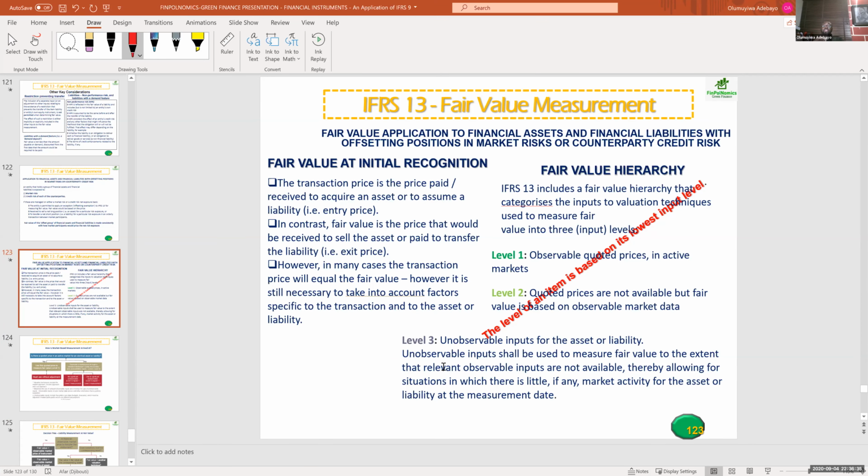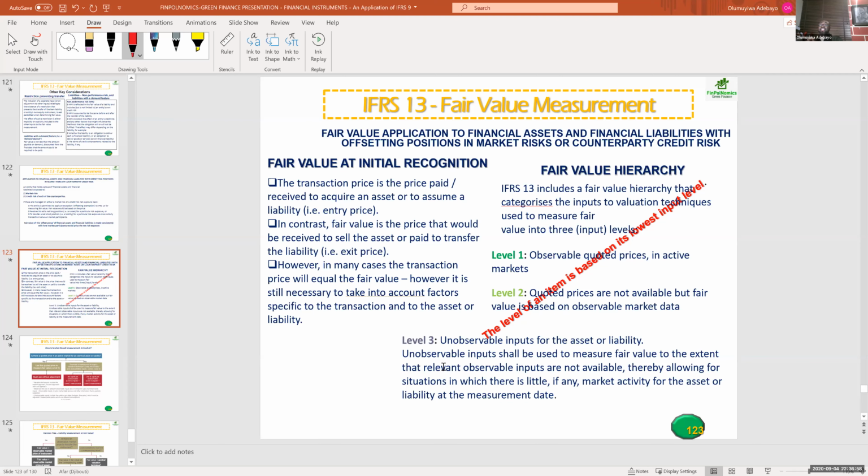Level 2 is your quoted market price, but in this case, has been adjusted for observable market data, which means it's closer to level 1. And level 3 is unobservable input, which goes in by way of estimation, valuation of market factors.